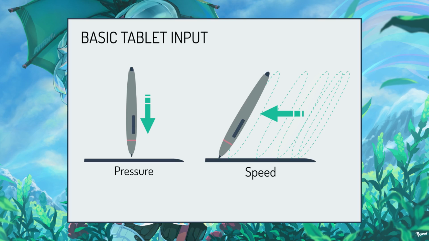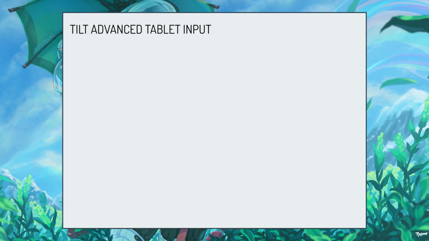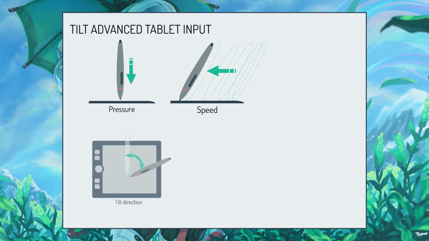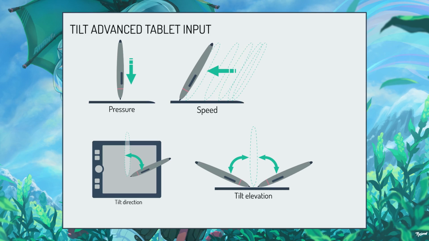Also, Krita can use the speed of your brushstroke to modify the brush behavior. Tilt tablets are more expensive, but they have tilt direction and tilt elevation, so you can control your brushstrokes better. And there are some styluses that can handle the stylus rotation like we could do with a real brush or marker in real life.